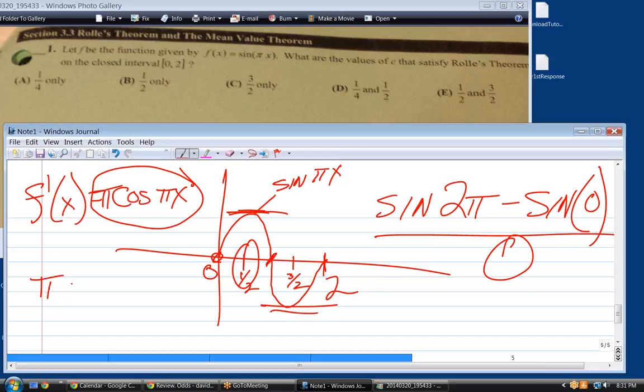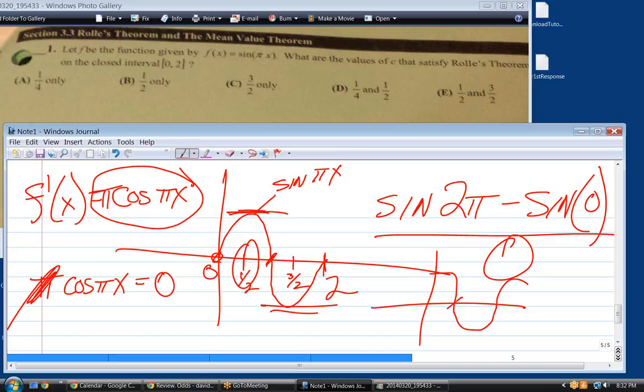Well, where is pi cosine of pi x equal to 0? At pi over 2, which is 1/2, and 3 pi over 2. In other words, if I look at the cosine curve, it's there and there, which are 1/2 and 3/2, only because that point is 2 right there. So we can solve this strictly mathematically without even having to graph it.